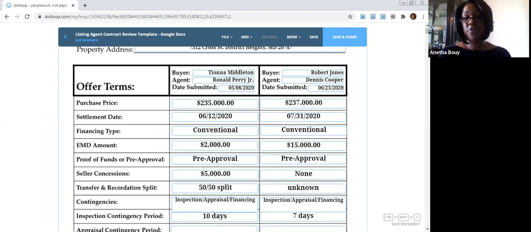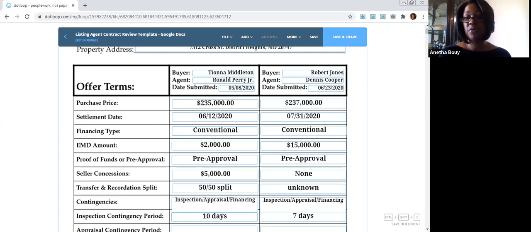So, for the purposes of presenting the offer to the seller, you're only going to add and or subtract those things that you know to be a part of the contract.